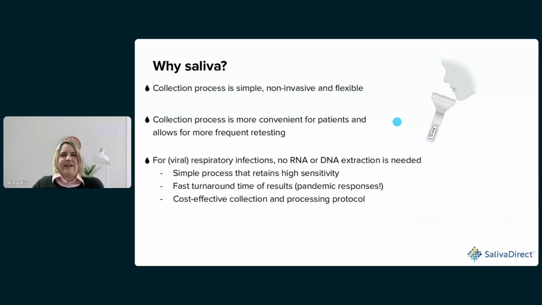And what we and others found in the last couple of years is that for viral respiratory infection, there's no RNA or DNA extraction step needed in a laboratory, which means that the lab process is very simple and still retains high sensitivity. You get very fast turnaround time of results, which is very important for pandemic responses. And the cost-effective collection and processing protocol makes it a very interesting workflow to a variety of laboratories.